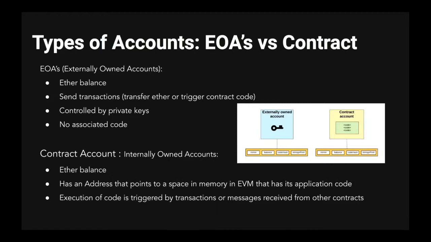There are externally owned accounts, which the way I think about it are user accounts, and then there are contract accounts. Contract accounts are accounts that are on the network itself. Remember, both accounts can hold a balance, and the main difference is that the contract account also has the code for the smart contract within it as well.